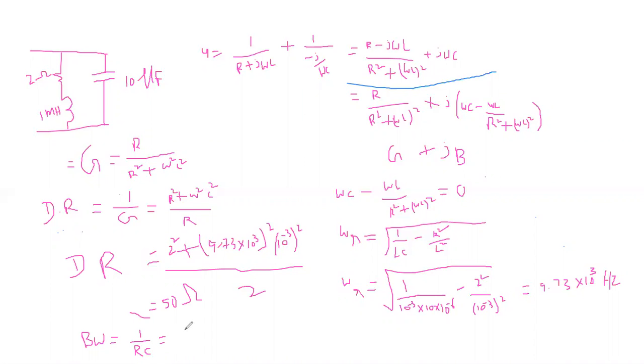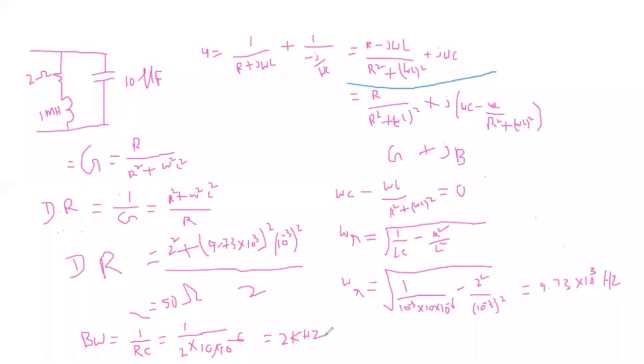R value 2, C value is 10 microfarad, 10 into 10 microfarad, 10 into 10 to the power of minus 6. Then approximately the value of bandwidth is 2 kilohertz.